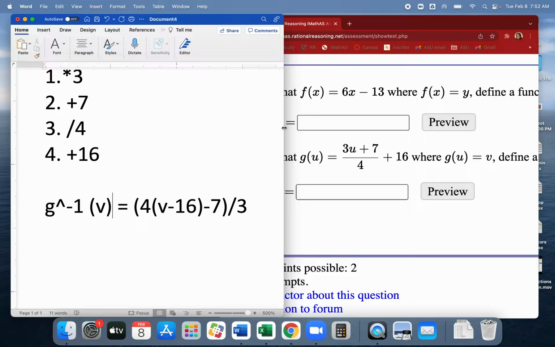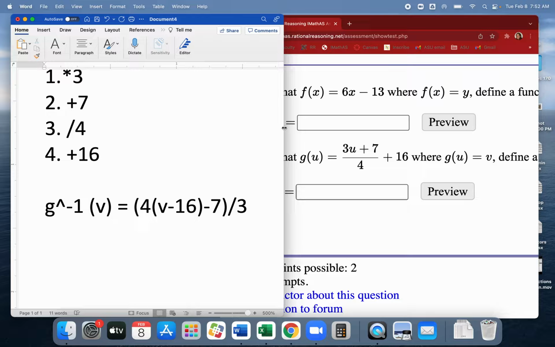If I call that g inverse of x and put an x where the v is, it would have the same effect. The input-output value pairs would be the same regardless of what I call the variable. But to match it up with this problem, I'm just using the v so you can see what we're talking about.